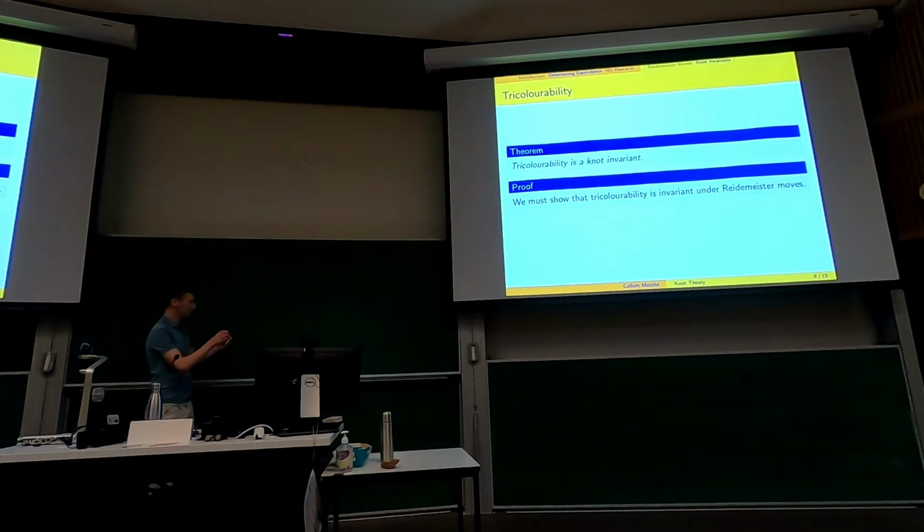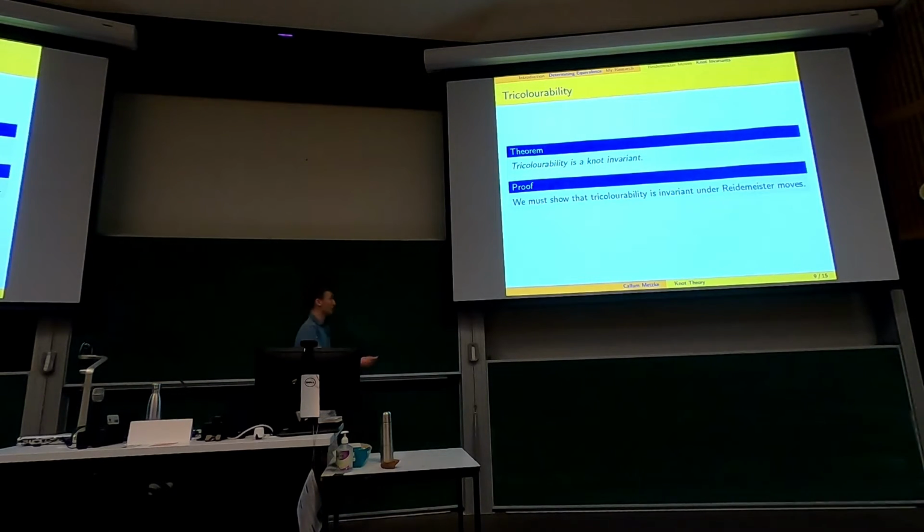So we need to ensure that, say, if this one here is tricolorable, and say that strand is red, then the outgoing and ingoing strands of this manipulated knot are also tricolorable, and also have ingoing and outgoing red strands. Well, yes, it's almost obvious there. I can keep going. And this section of the knot is still tricolorable.